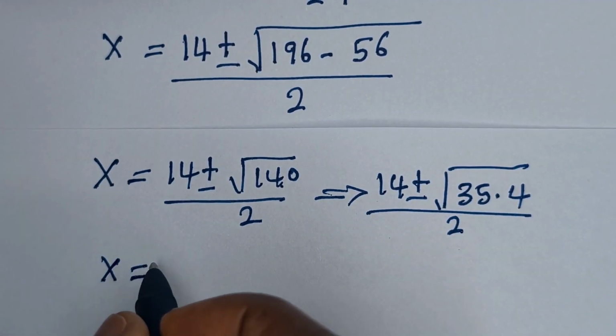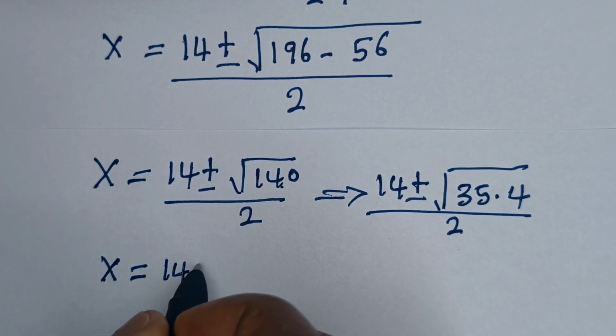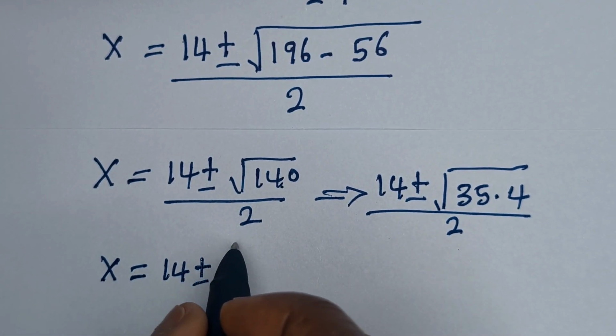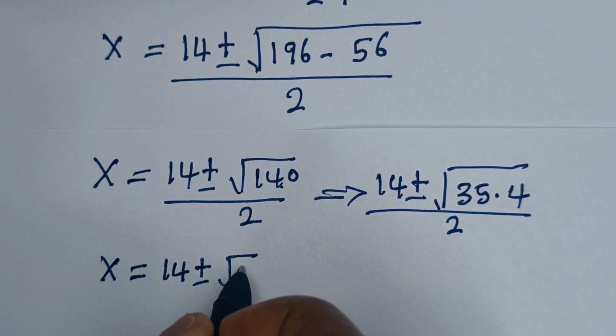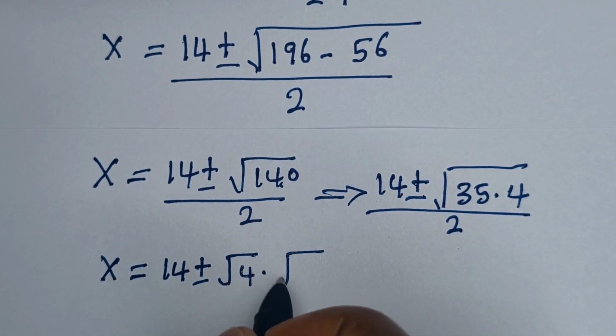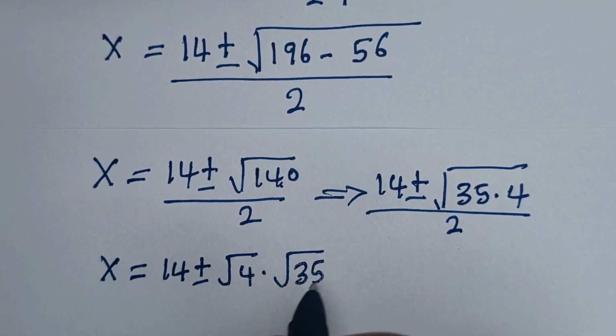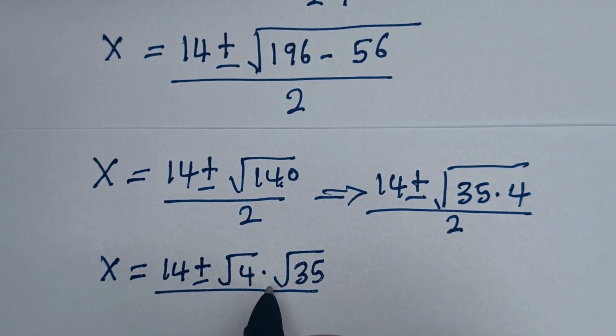x is equal to 14 plus or minus square root of 4 multiplied by square root of 35, over 2.